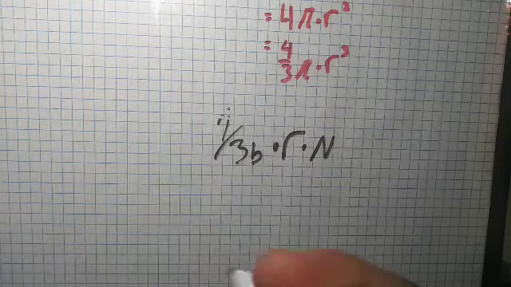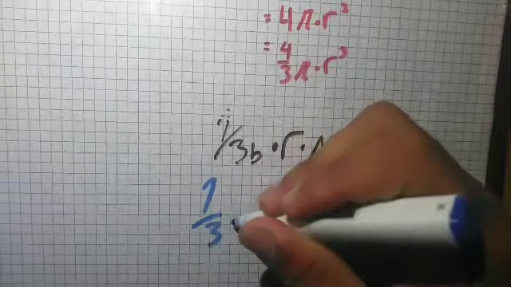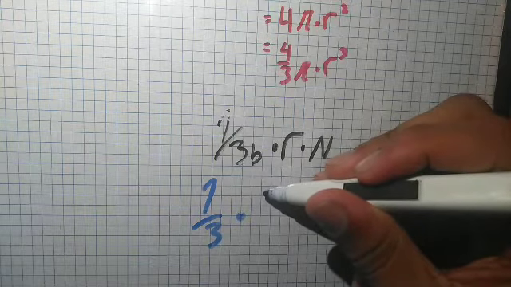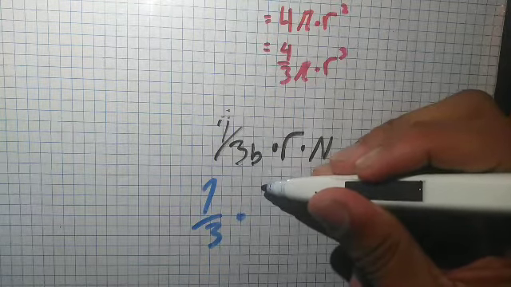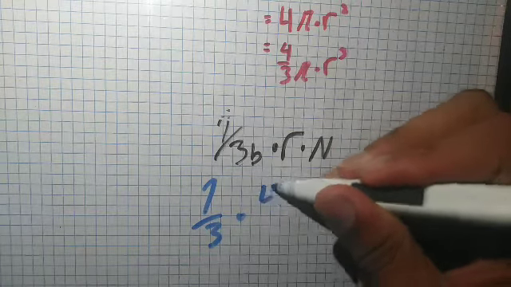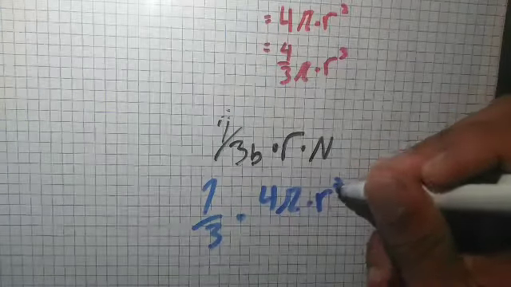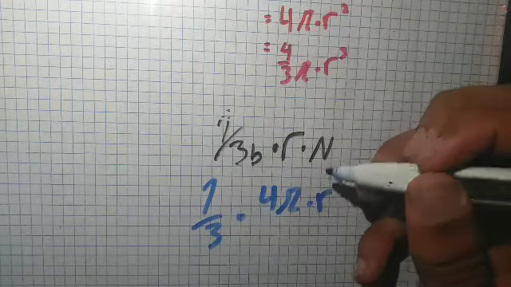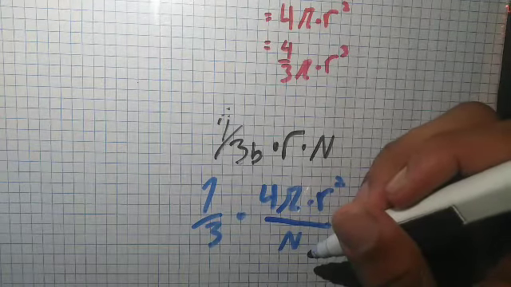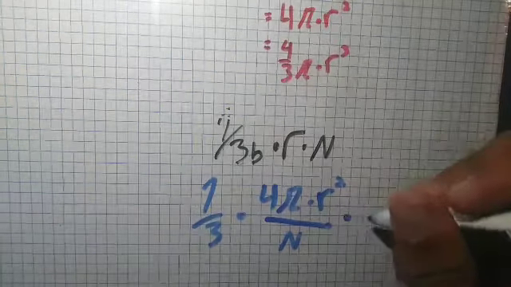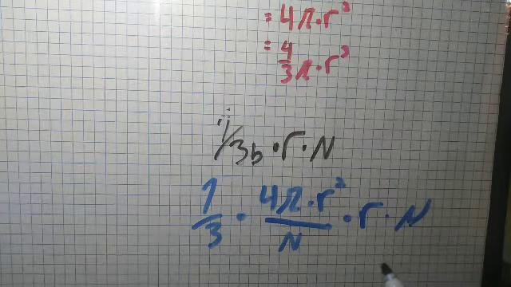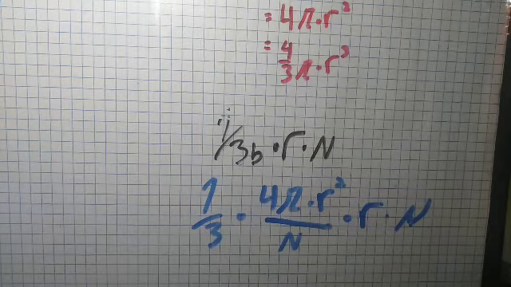We have 1/3 our base times the surface area of our sphere, which is 4 pi times the radius to the power of 2 over n, the number of pyramids it takes to create our sphere, times the radius, r, and times n, the number of pyramids it takes to create our sphere, as defined before.